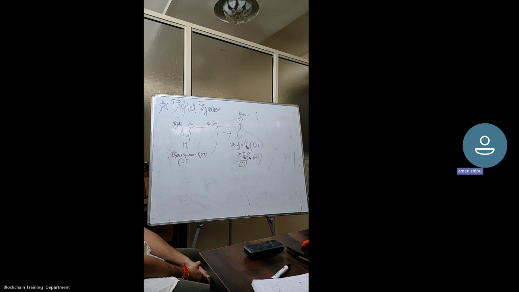Digital signature DA of M. In that digital signature, DA of M, isn't it? Yes, E of DA of M. DA means private key.